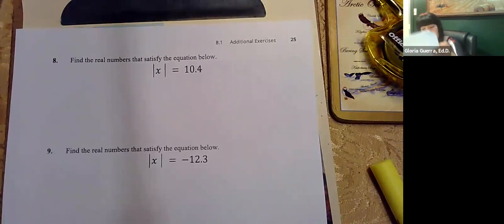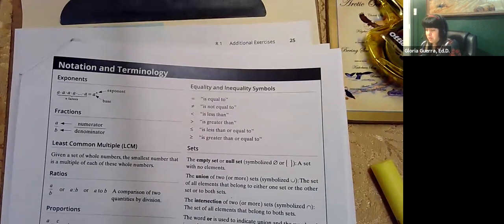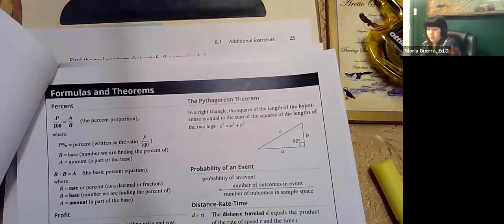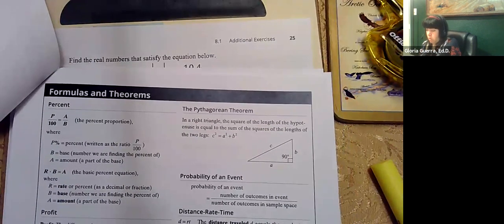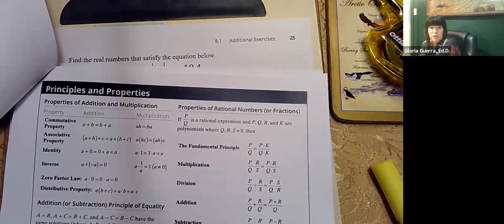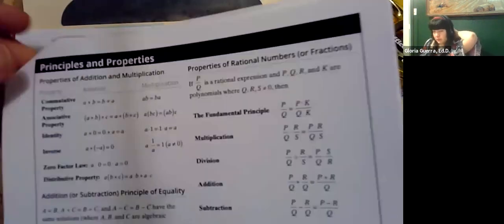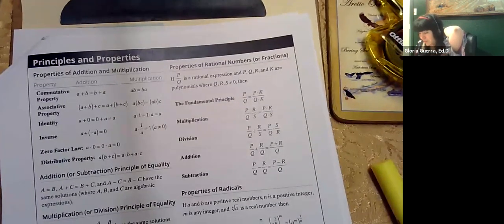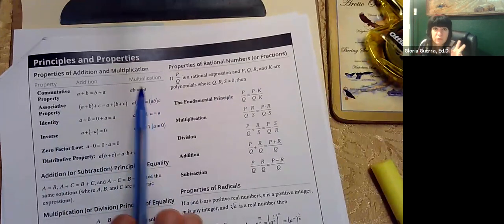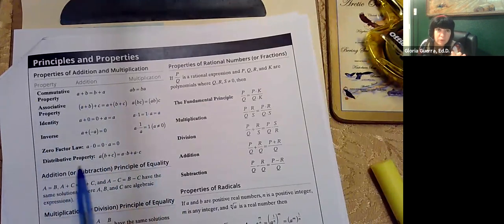All right, now you're going to have to go back to these sheets, and we need a new sheet. So you're going past the formulas and theorems, past the principles of properties. Although I'm noticing something, even though I'm very sleepy, I'm noticing something here. You know how in our co-req course, the first 2 co-req lessons we did, this is actually helpful to reference.